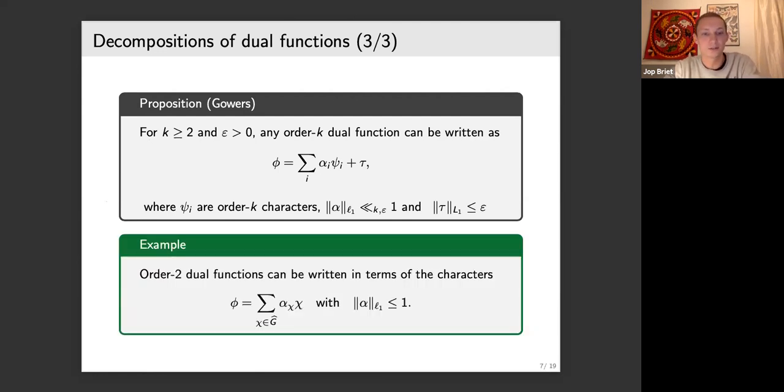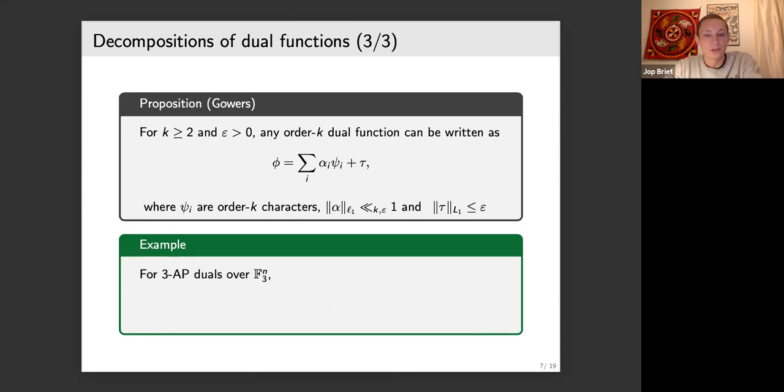Let me contrast this with the example we saw before. Order 2 dual functions allow for a decomposition like this: you can write them as sums of order 2 characters, or just normal characters, where the coefficients have L1 norm at most 1, and where the error function is actually 0.